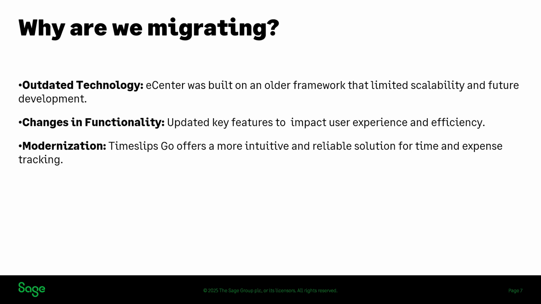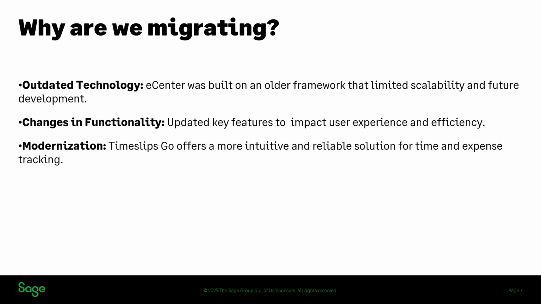Yeah, so what we're doing is we're migrating people over pretty much over the entire year. At the beginning of the month that you are going to migrate, you will receive an email saying it's time to migrate.